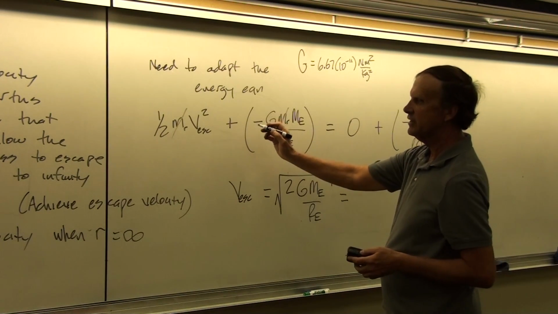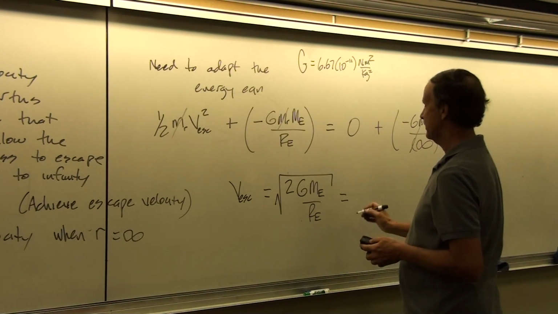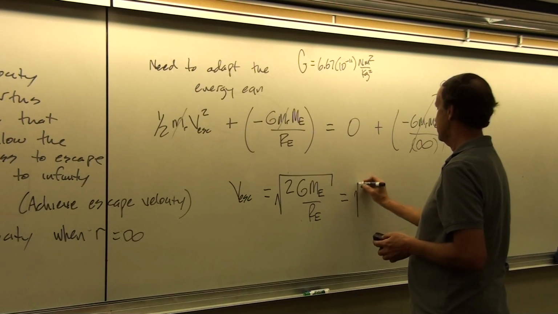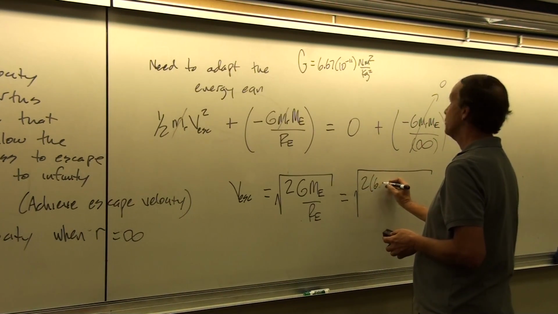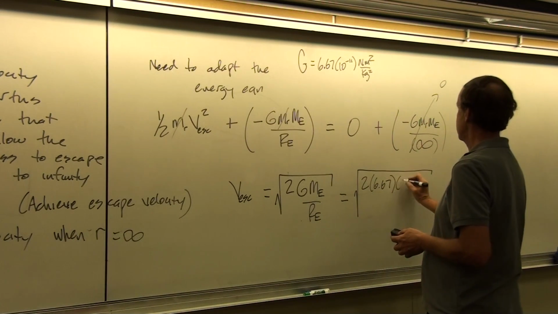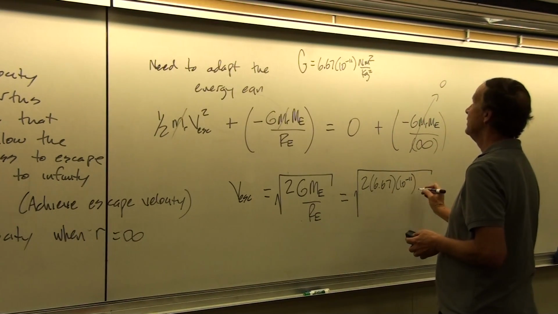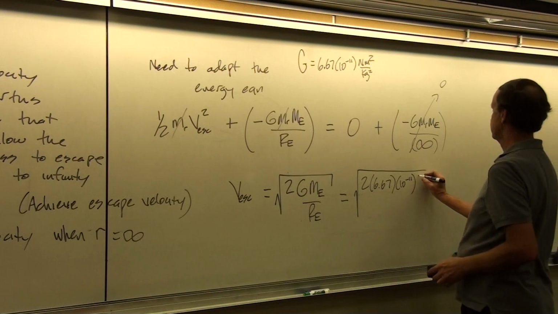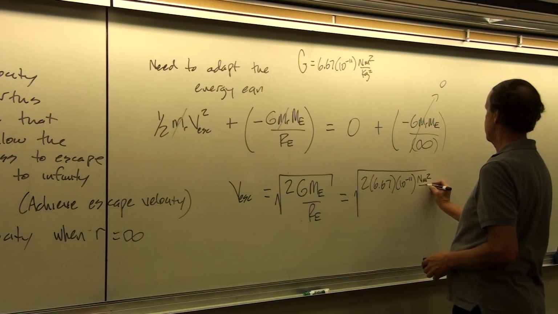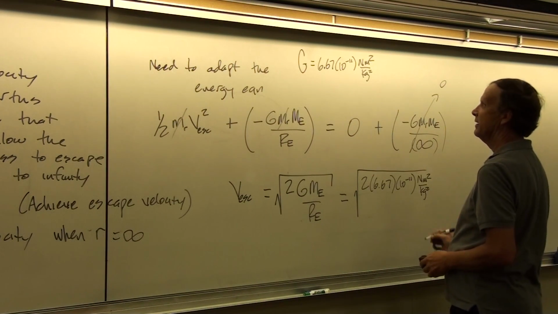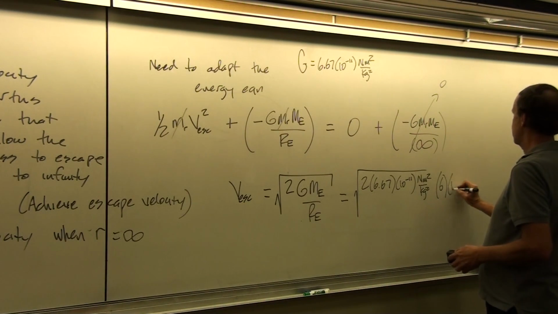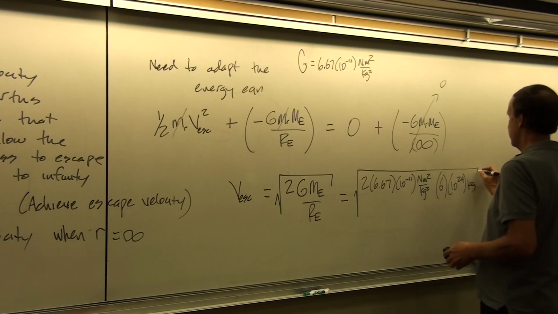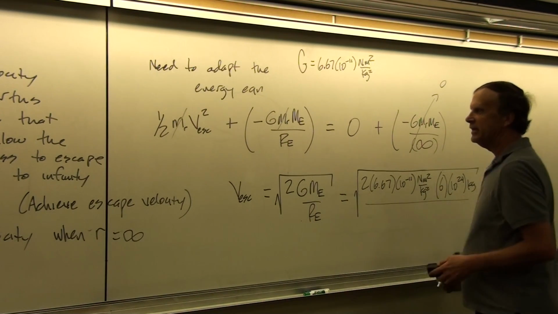We've got the mass of the Earth and the radius of the Earth already. So this is the square root of 2 times 6.67 times 10 to the minus 11 Newton meters squared per kilogram squared times the mass of the Earth, 6 times 10 to the 24 kilograms, divided by the radius of the Earth.